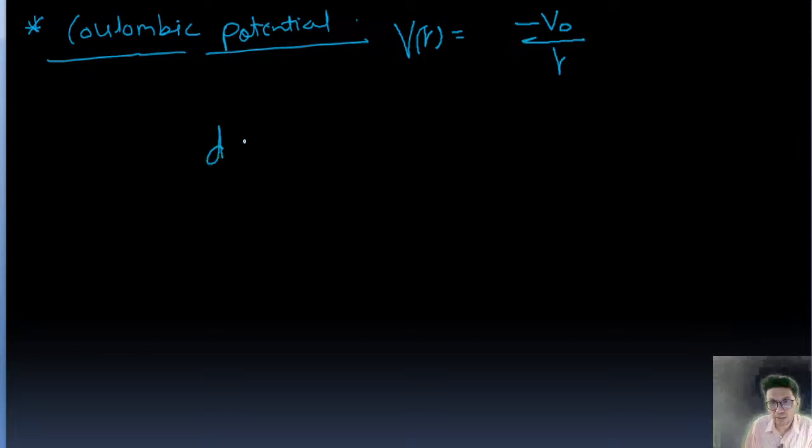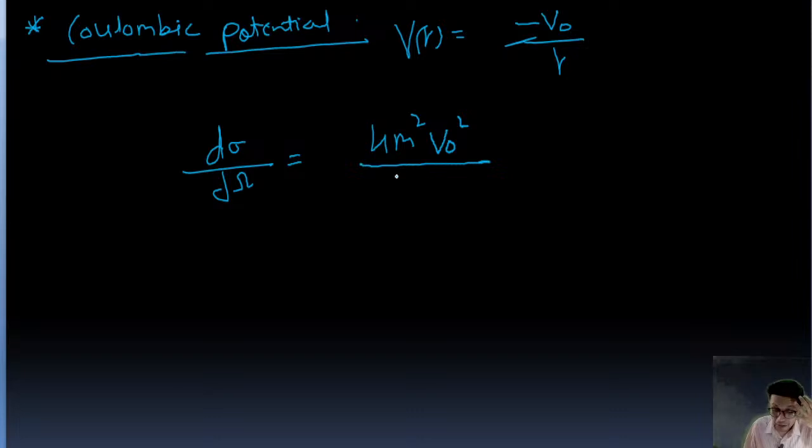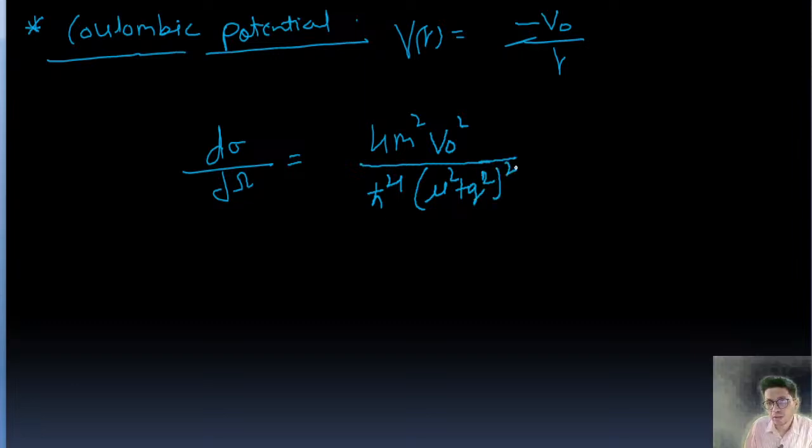And we know that dσ/dΩ for Yukawa potential is 4m² V₀², V₀² is constant, upon ħ⁴ (μ² + q²) whole square.